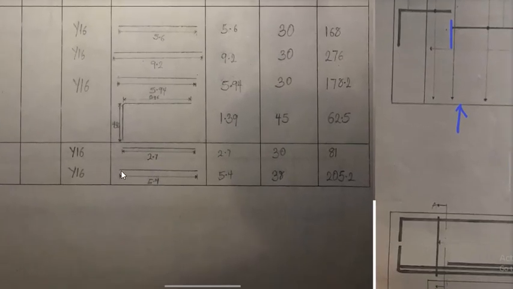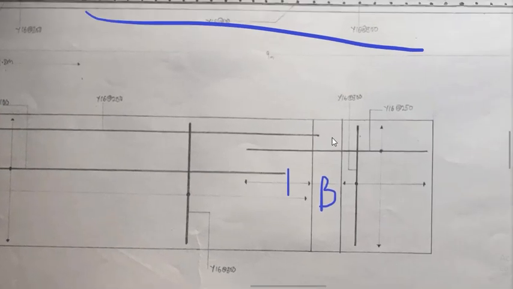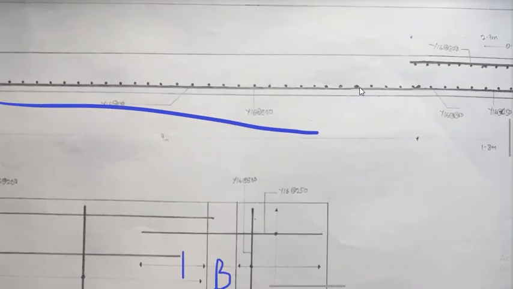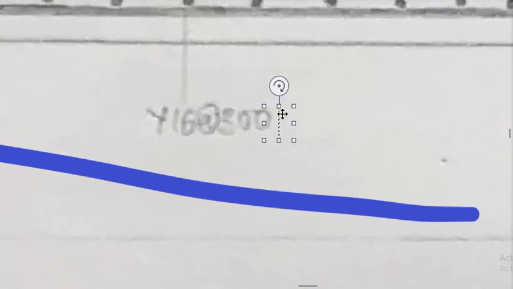Then this one also is the longer. This is the distribution bar of the span BC, and then this is the main bar, which I explained earlier in the last video, that the main bars for bottom reinforcements are always at the bottom, which you would always see as BB.